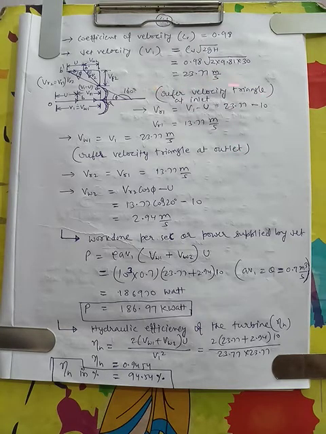Now refer the relative velocity triangle. VR1 is equal to V1 minus U. V1 is 23.77 and U is 10 meter per second given in the question.